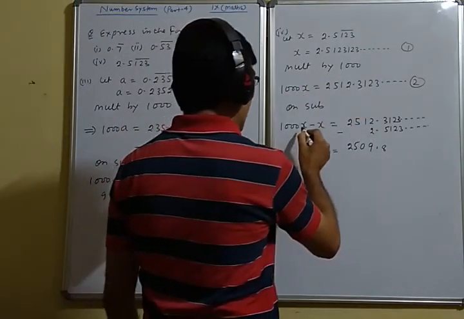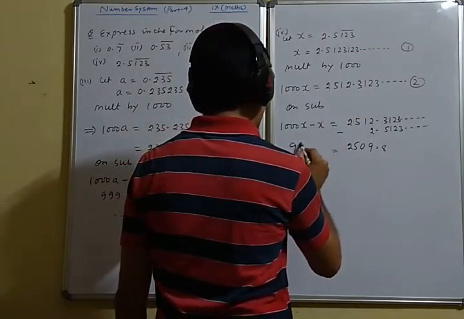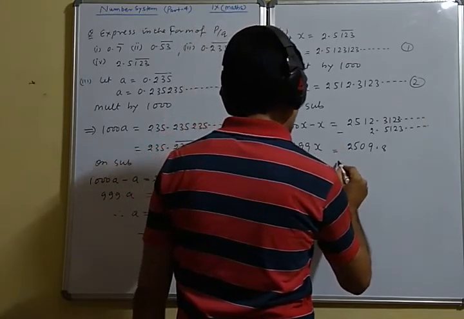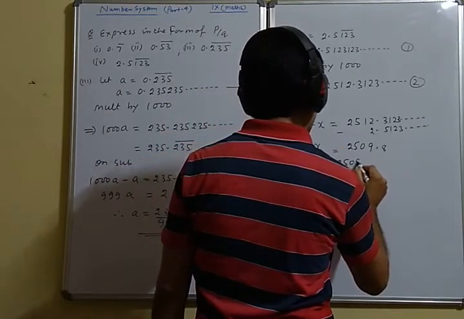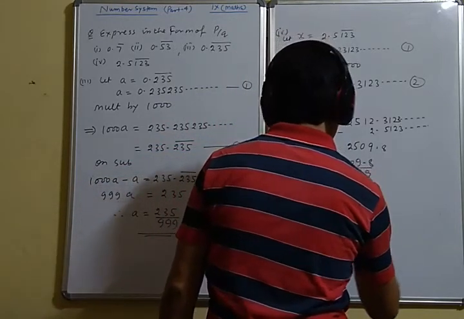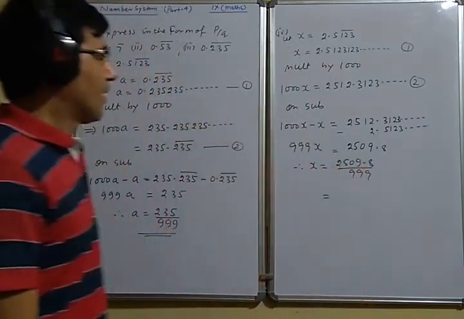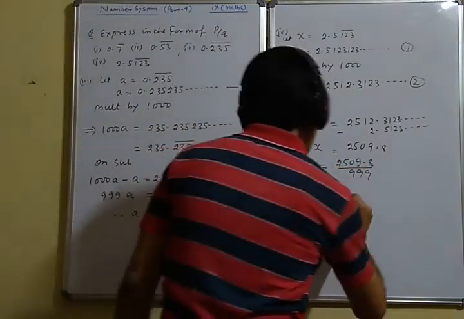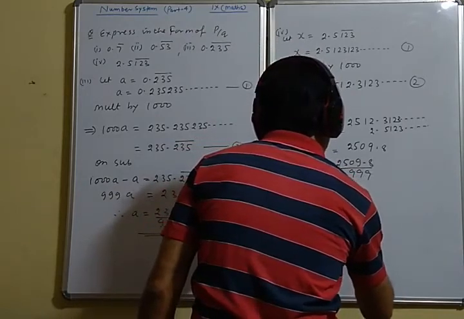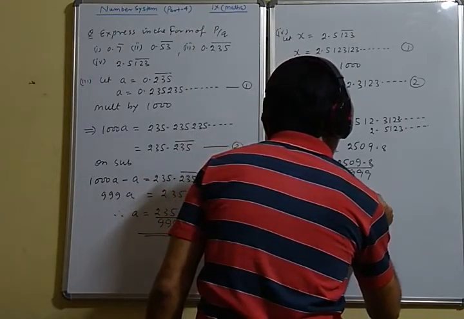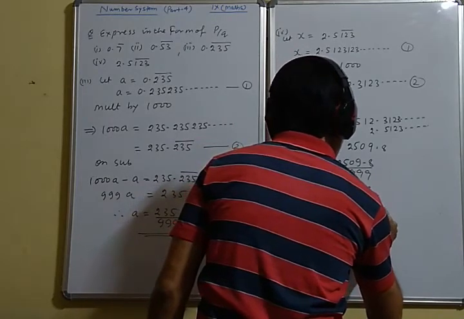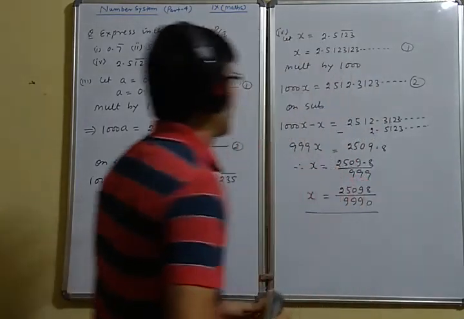So 1000x minus x becomes 999x. Therefore x is equal to 2509.8 divided by 999. Multiplying and dividing by 10, it becomes 25098 divided by 9990. So this is the required result.